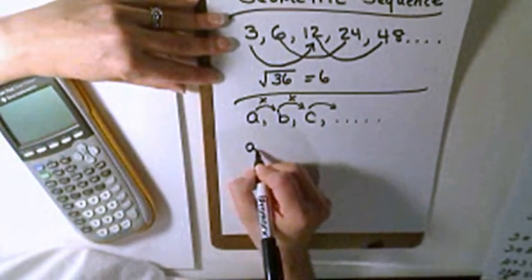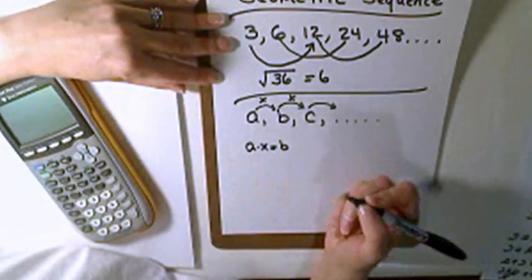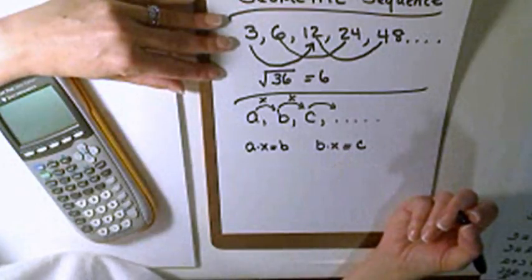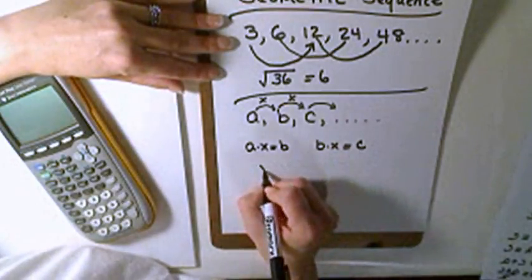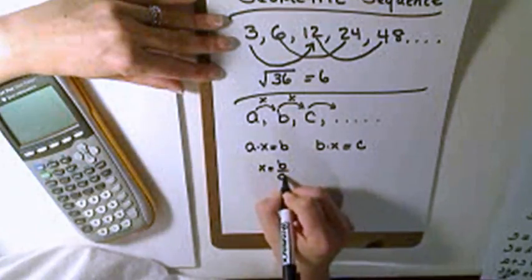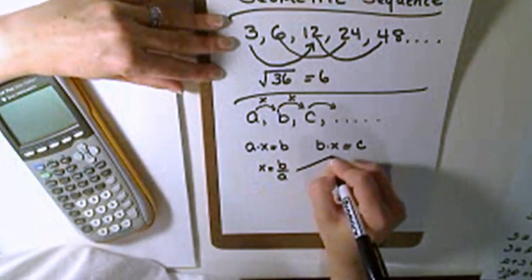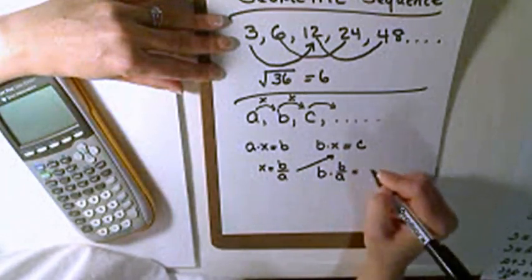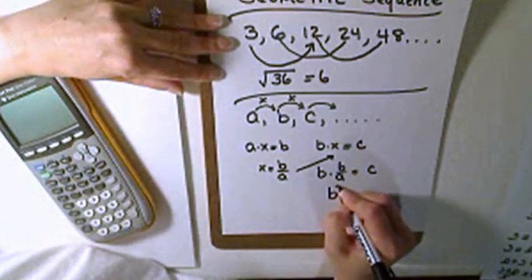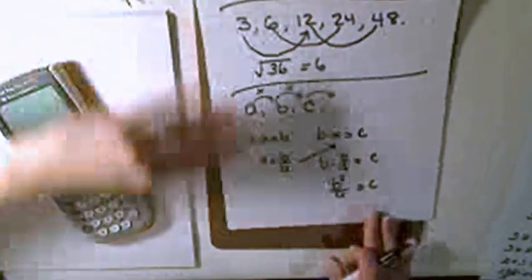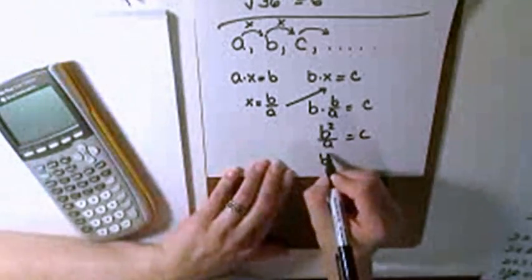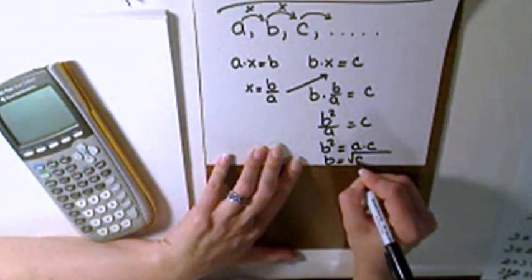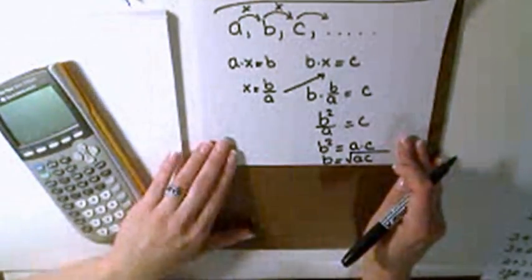Then I would know that A times x equals B, and B times x equals C. This would imply that x is equal to B over A from the top equation. If I plug it in here, I get B times, instead of x, B over A. So now I have B squared over A equals C, or B squared equals A times C, or B equals the square root of A times C, which takes us back to here.